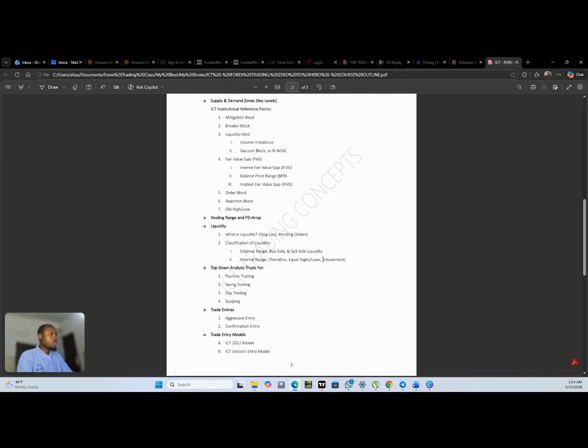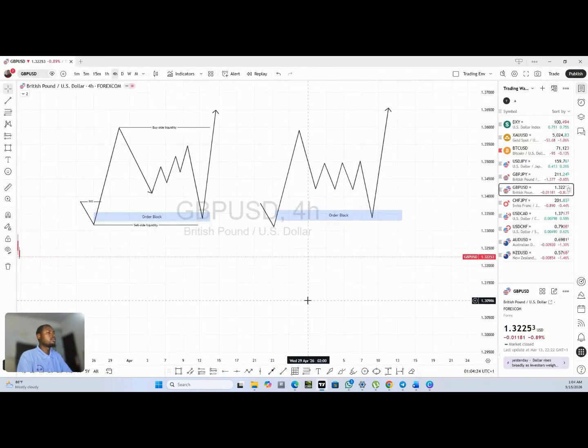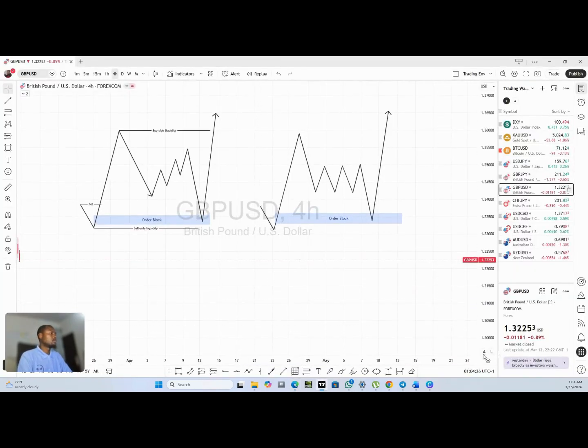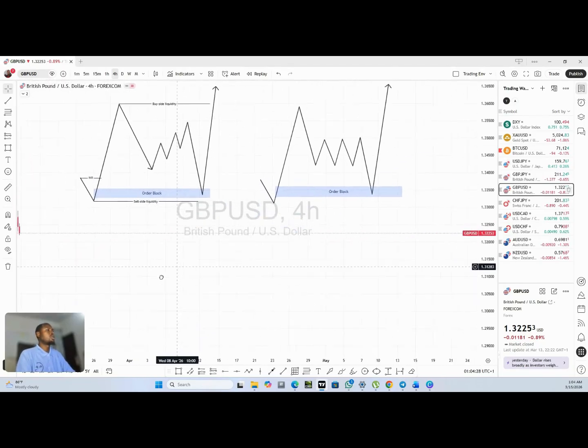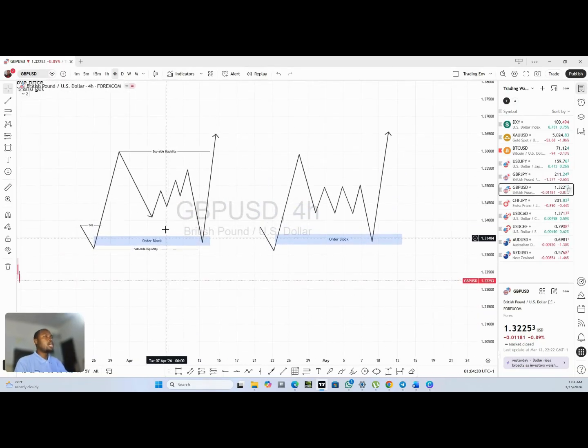Then the third one is what they call inducement. As you can see, like this movement, they did not reach this buy side liquidity, and this one they did not reach.